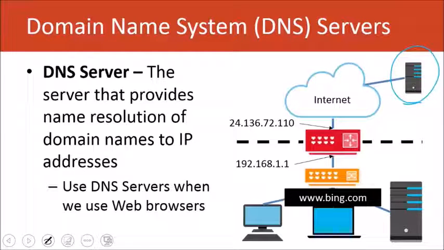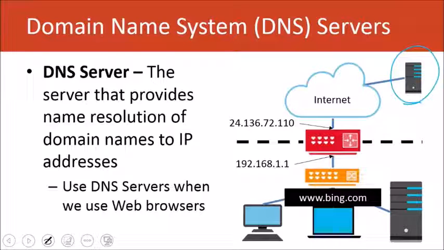What we need is something to take that name and translate it into an IP address so that we can access the Bing server, because it's not called Bing.com. The server actually has an IP address.